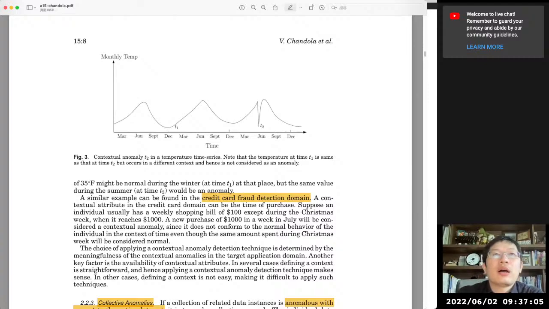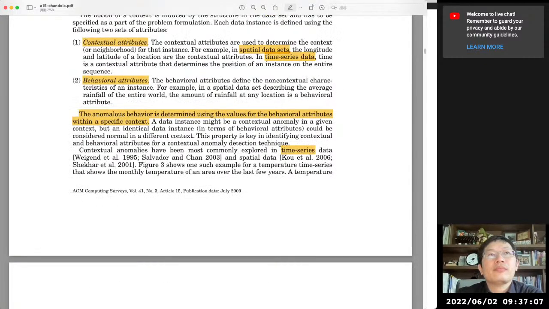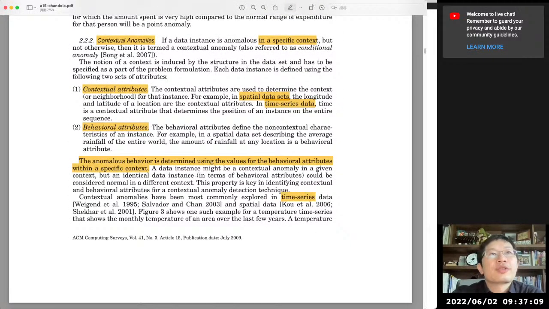Okay, so let's go back here. The data instance is okay because T2 is still in the range between 10 degrees and 35 degrees. But under a specific context, which is June, the data should not be like this.